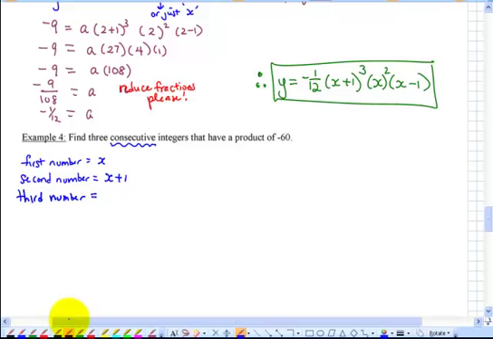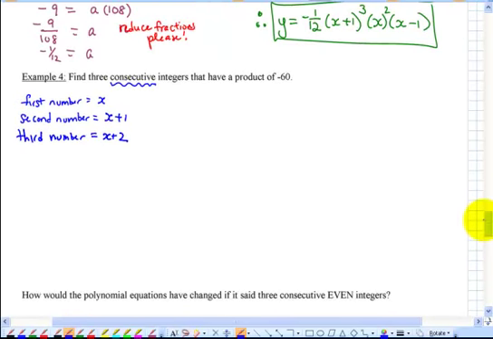Right, x plus 2. So then, using this setup, find 3 consecutive integers that have a product of negative 60, you do something like this. x times x plus 1 times x plus 2, and that should equal negative 60.